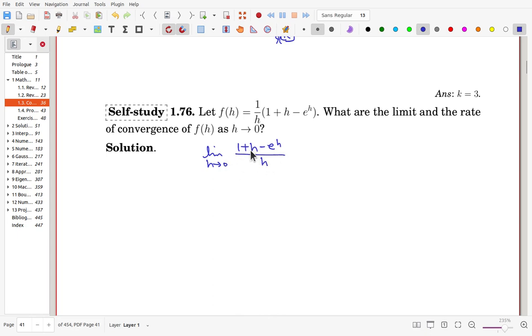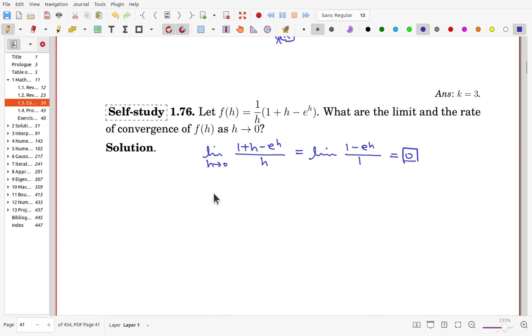Now, bottom and top are approaching 0. So by using L'Hopital's rule, we can get the limit. The derivative of the top is 1 minus e to the h, and the bottom is 1. Now, as h approaches 0, the top approaches 0, so the limit of f of h is 0.